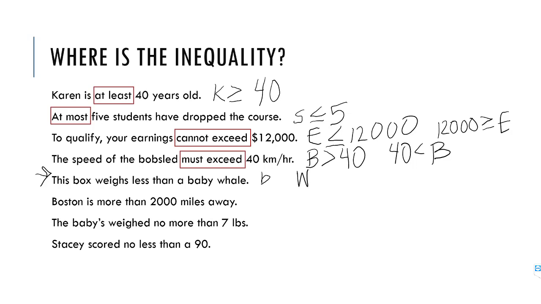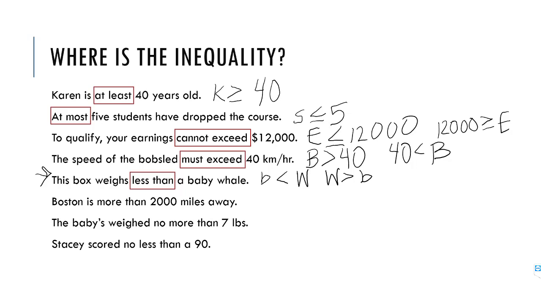These are what we're comparing. This box weighs less than a baby whale. So I'm going to just use the symbol less than. And I could also have said that the whale is greater than the box. Because it says less than and not less than or equal to, we don't write the line underneath.